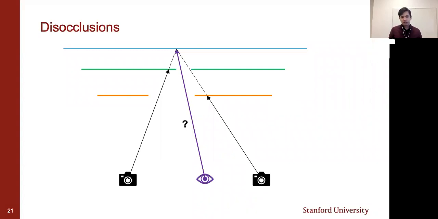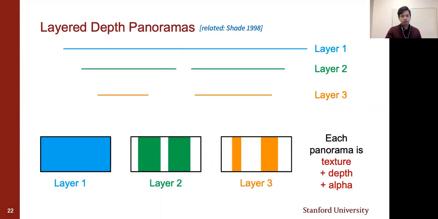Our second representation aims to solve this problem by storing the occlusion information not from different viewpoints, but rather from a single reference point in a layered fashion. And the idea here is that we pick a single reference point, let's say somewhere over here, and then everything in the scene that's farthest away from this reference point will get saved in layer 1. So in this simple scene, it would just be this farthest blue object, and all of that gets saved as layer 1.